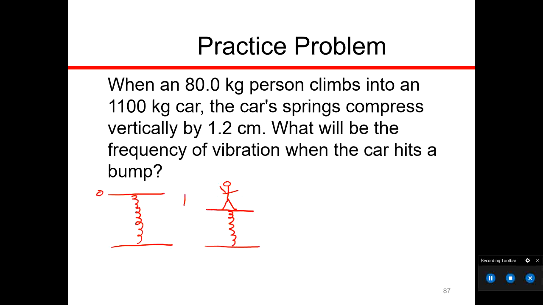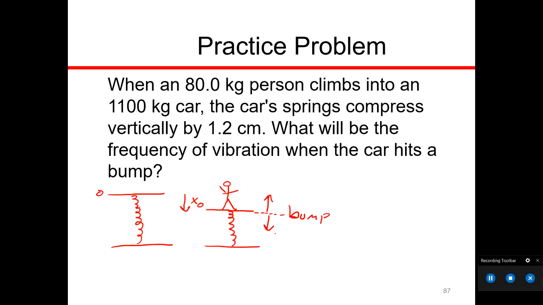So your weight pushes the car down some amount, we'll call x naught, to go to our new equilibrium position. The car then hits a bump. So when it hits a bump, it will start to oscillate around this new equilibrium position up and down.